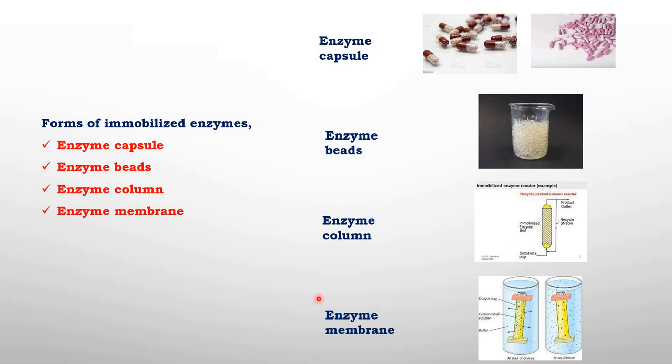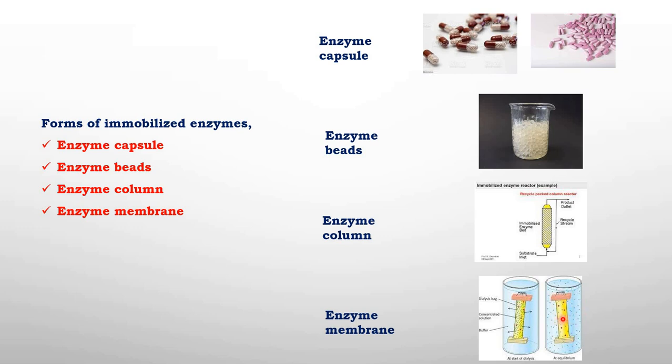Another is the enzyme in membrane. This is also popularly known as dialysis. In the laboratory, we very frequently use this technique, the dialysis technique, to purify the isolated enzymes. We put the isolated enzymes into a semi-permeable membrane, and we dip it into a buffer system.